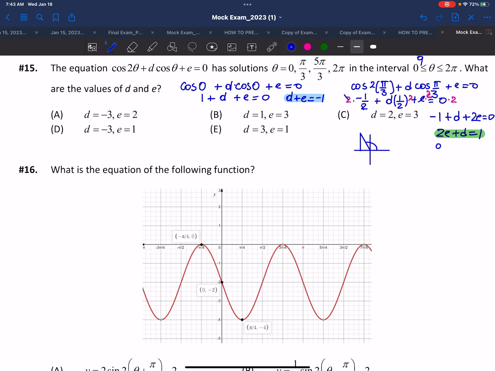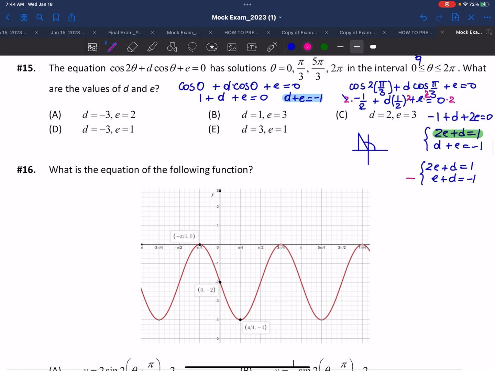So I will bring the blue equation, d plus e equals negative 1, down here, and in the meantime rearrange the terms. We have 2e plus d equals 1, and e plus d equals negative 1. You can solve this system by elimination.